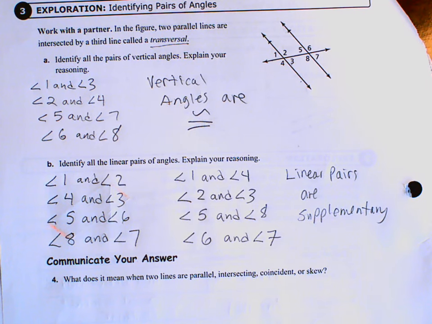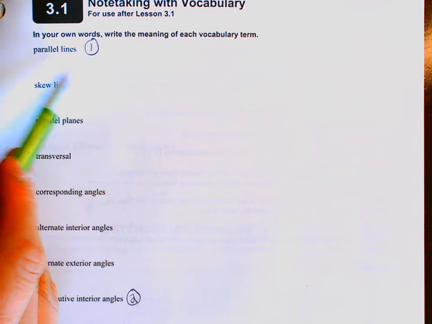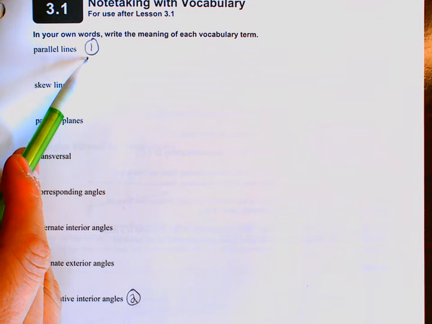Okay, now let's turn to page 67. Now on page 67, this is where your examples are going to go. Right next to the words parallel lines, you're going to put problem number 1. Right next to consecutive interior angles, you're going to put number 2 on page 67.